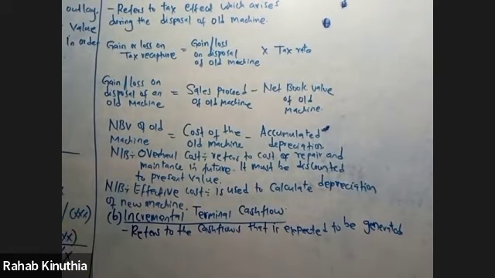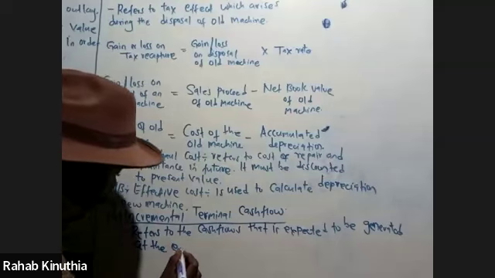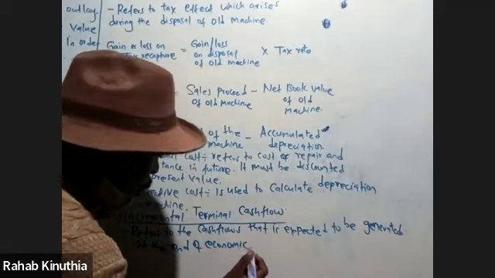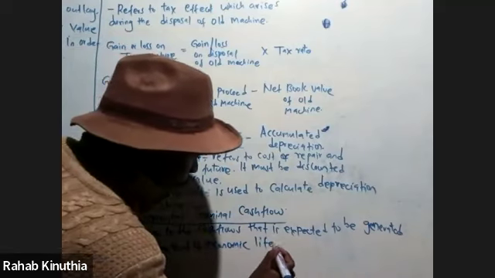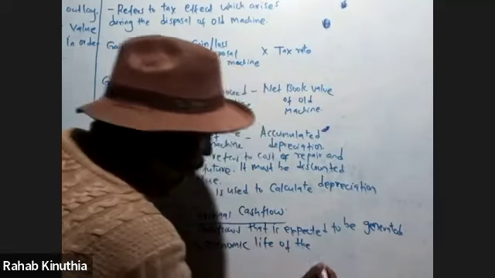This is a cash flow expected to be generated at the end of the useful life of the asset. So it refers to the cash flow that is expected to be generated at the end of economic life of the machine.